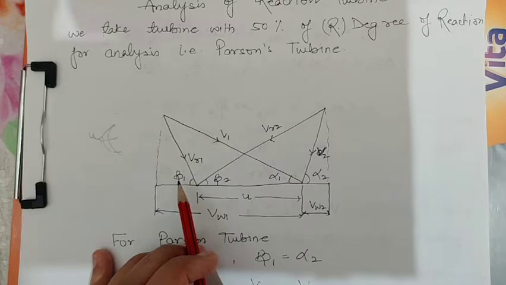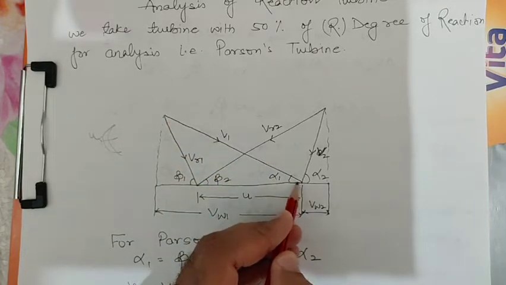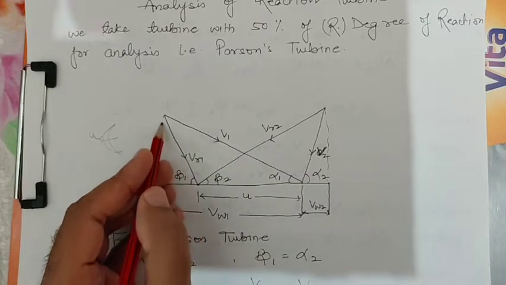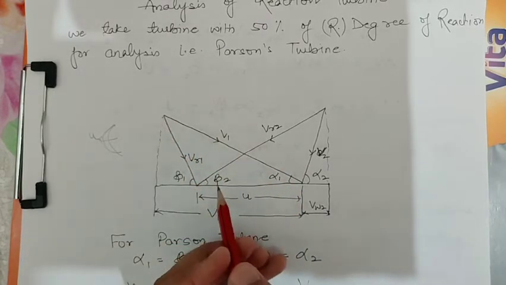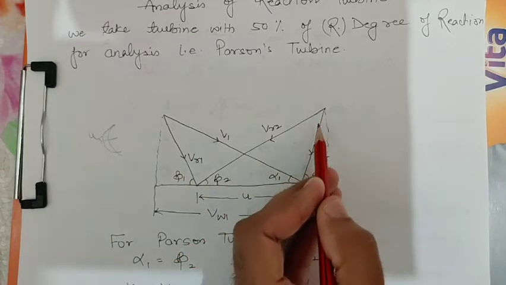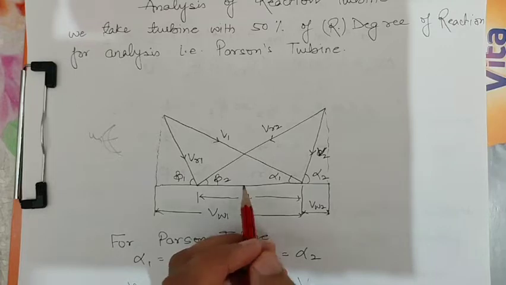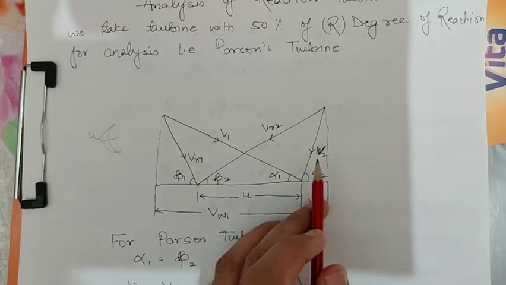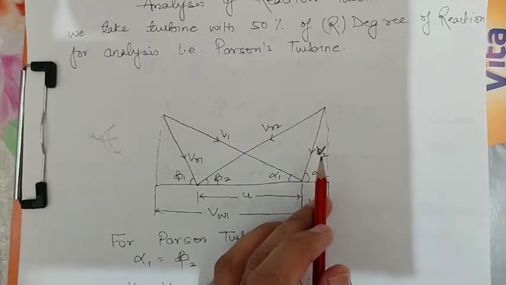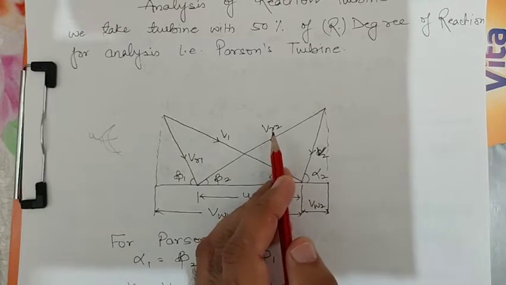In a similar way, this portion is the inlet velocity diagram. Now, this is the outlet velocity diagram. U is common to both outlet and inlet. V2 is the velocity of the steam leaving the blade, and the relative velocity between V2 and U is VR2.